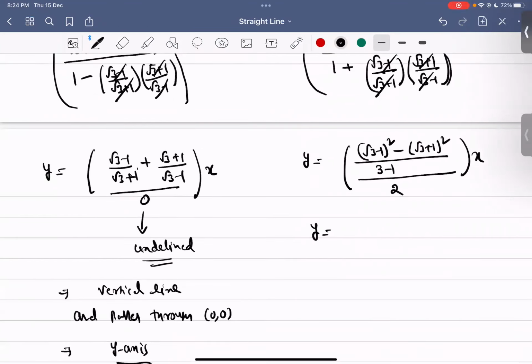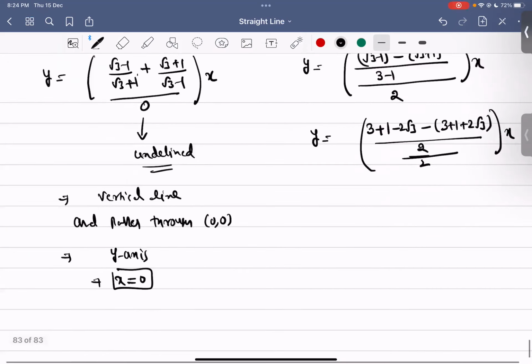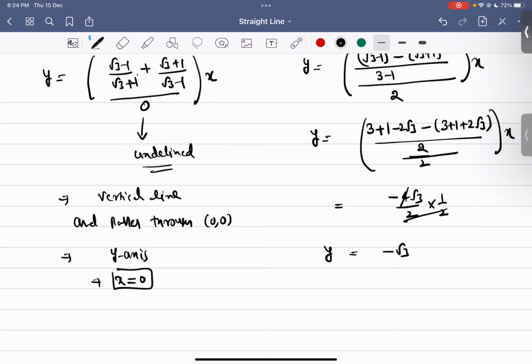So y equals, using (a minus b) whole square and (a plus b) whole square, (3 plus 1 minus 2 root 3) minus (3 plus 1 plus 2 root 3) over 2, over 2, into x. Now here the 4s cancel. What are you left with? Minus 4 root 3 by 2 into 1 by 2, that is minus root 3. So the other line is y equals minus root 3 into x.